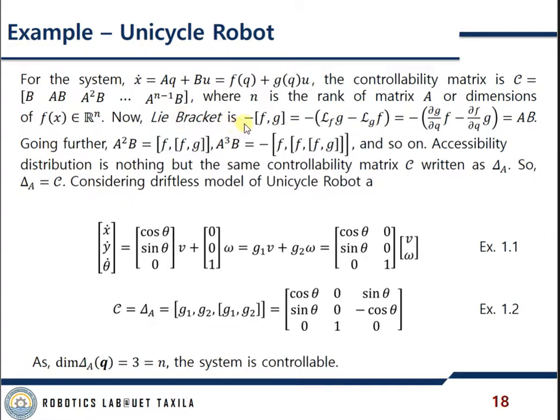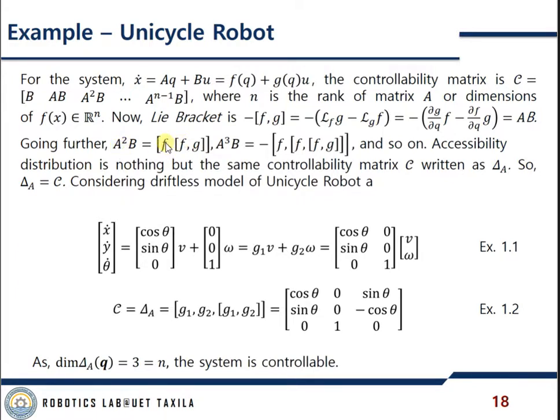Now the Lie bracket is equal to minus f. G is going to be this one, and it's going to be equal to AB. Now going further, A squared B is going to be equal to the Lie bracket of f, g, and the whole Lie bracket. So where we calculate simple B, it's going to be the G matrix containing both of the vector fields g1 and g2, and for the Lie bracket it's going to be equal to AB, and this is going to be fg, and then for A squared B it's going to be double f and then g.